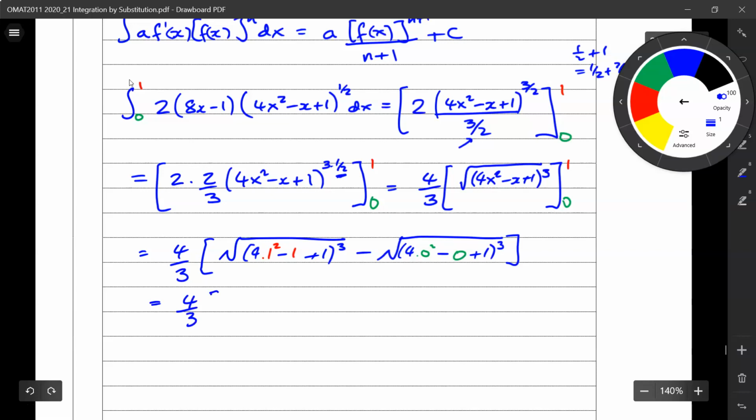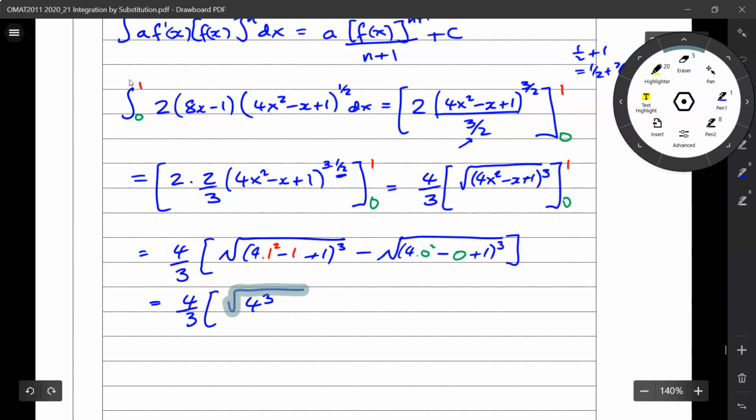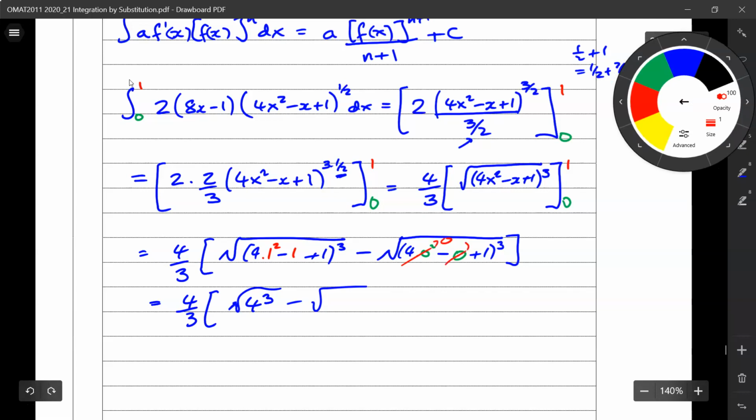So it's 4/3 times the square root, and on this side I have 4 minus 1 plus 1, so it's basically 4 cubed, 4 to the power of 3, minus, and this one is 4 times 0 goes to 0, that goes to 0, and I'm just left with 1, the square root of 1 cubed, which is going to be 1.